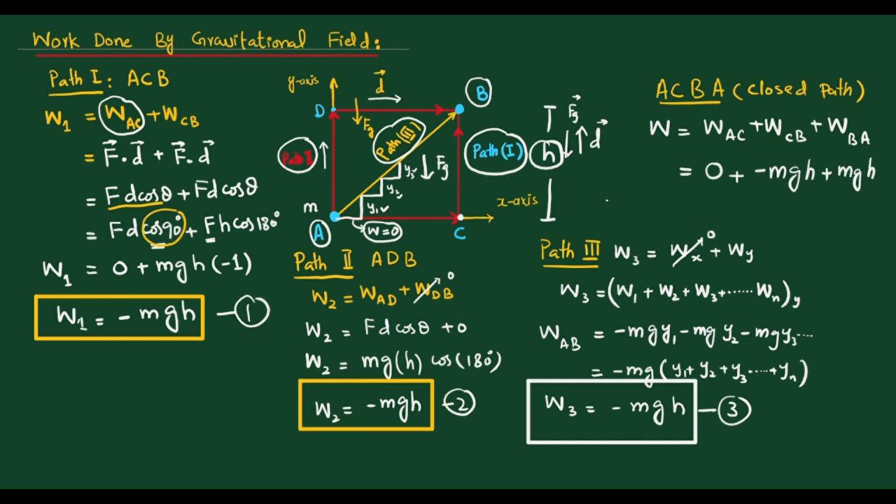The magnitude remains the same, but it is positive, and these two terms cancel out because of plus and minus, and the total work done will be equal to 0.